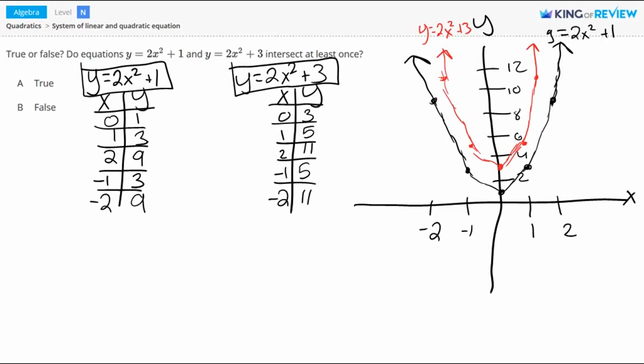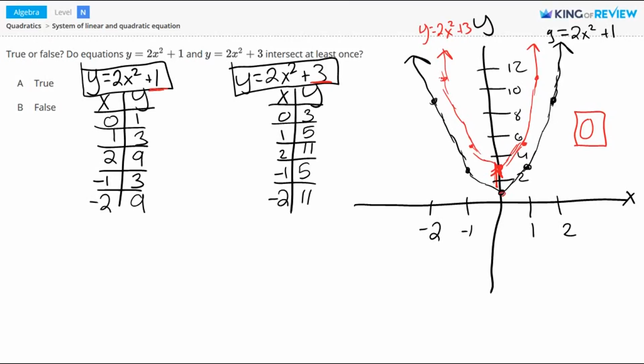So where do these two graphs intersect? Well, they don't intersect at any point. So there are 0 intersections between these two parabolas. As you can see, they're the same parabola, it's just that one has been translated up by 2 units, because we're going from a 1 to the 3 here.